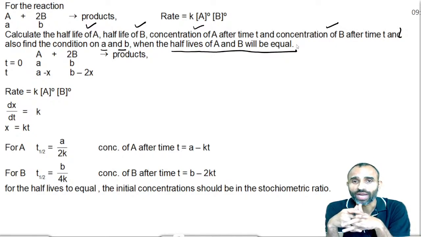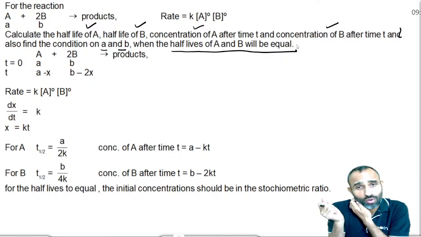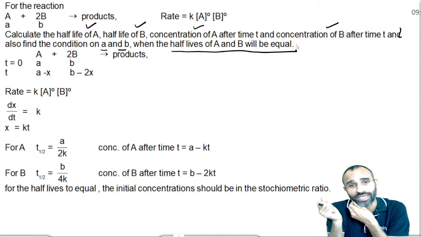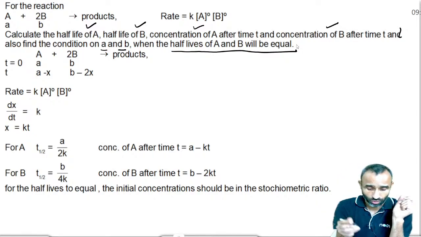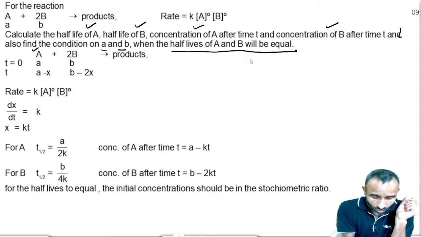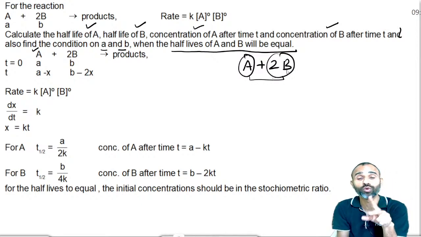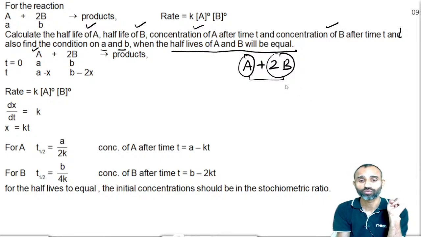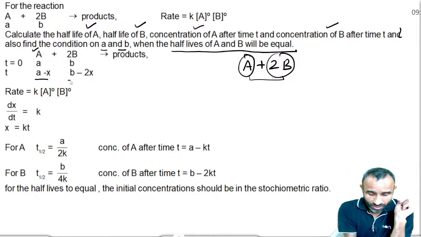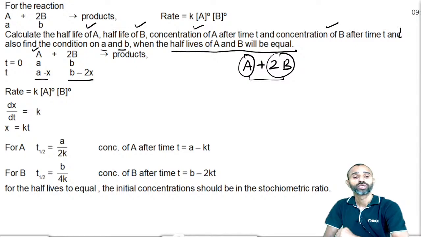So when x moles of A have reacted, the amount of A left unreacted is A minus X. In A plus 2B, if 1 mole of A reacts, then at the same time it reacts with 2 moles of B, and that's why if it is A minus X, it is B minus 2X.